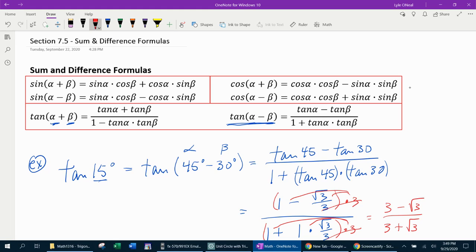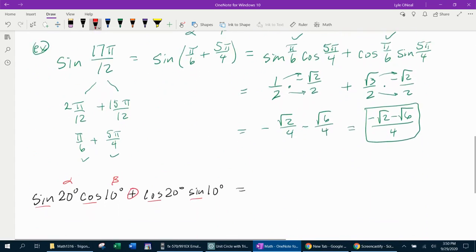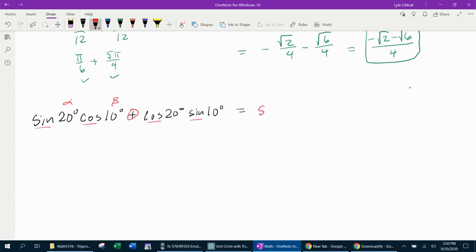Notice that for the cosine sum and difference, they don't. It's cosine, cosine, sine, sine for both of those. So we're going to be using a sine sum or difference formula. And since we're given a plus, it's going to be a plus. So this is going to be sine of alpha plus beta, 20 plus 10, which simplifies to sine of 30.